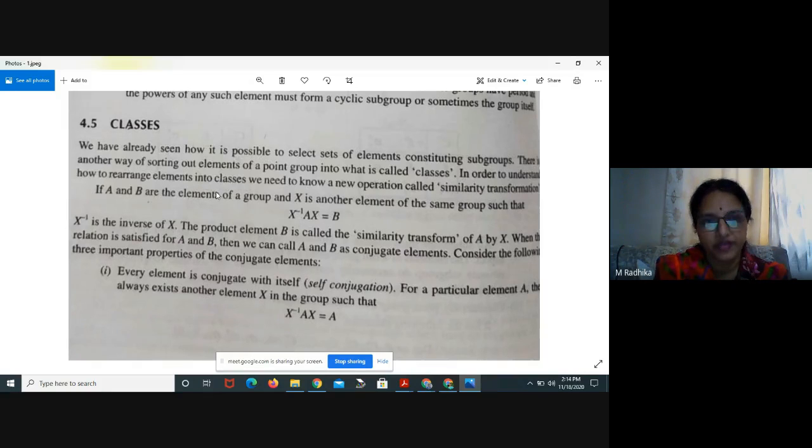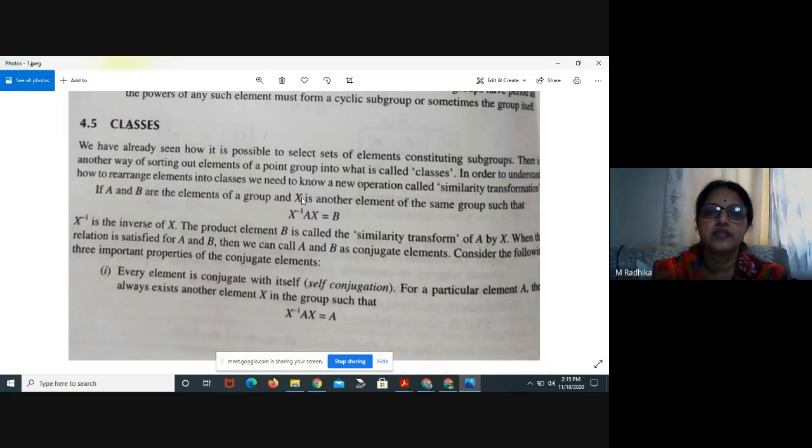Okay. So if you take any point group, and think that A, B, X, Y, whatever I'm talking about, any alphabet is a symmetry element in that group. Like if I talk about C3V point group, what are all the symmetry elements I will have? I will have identity, I will have C3 1, I will have C3 2, then I will have 3 sigma V's, right?